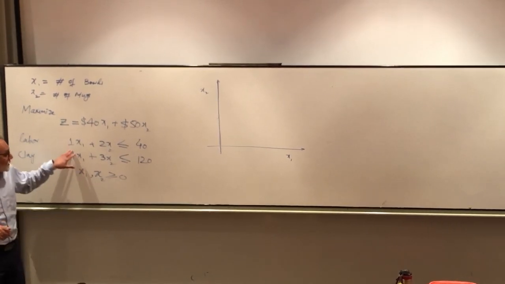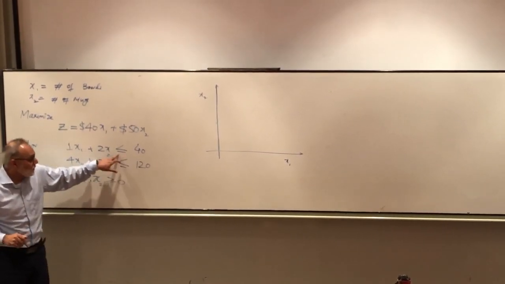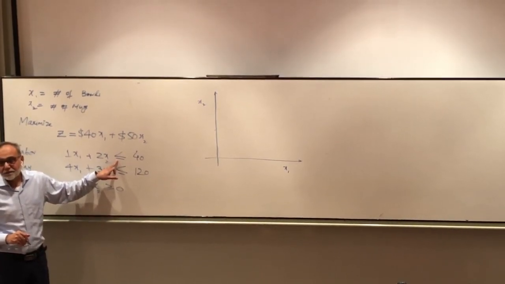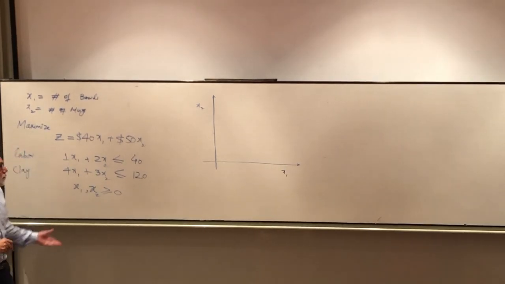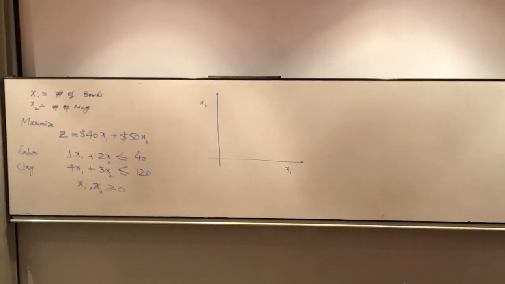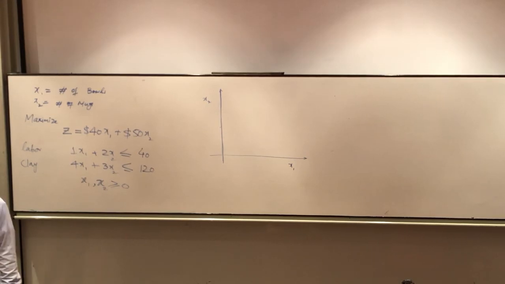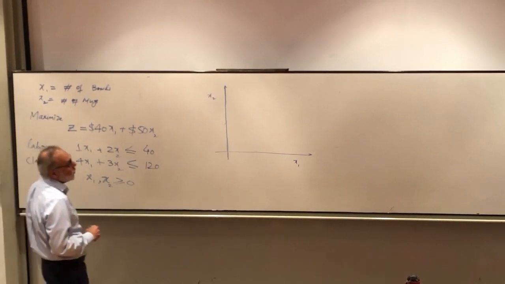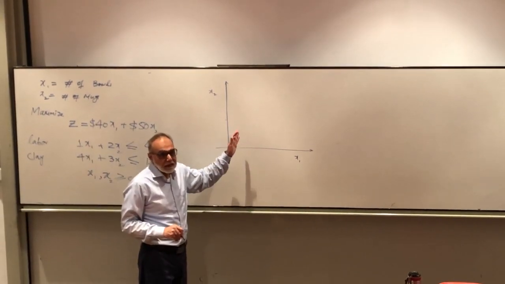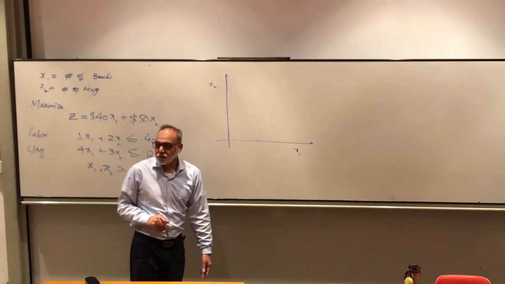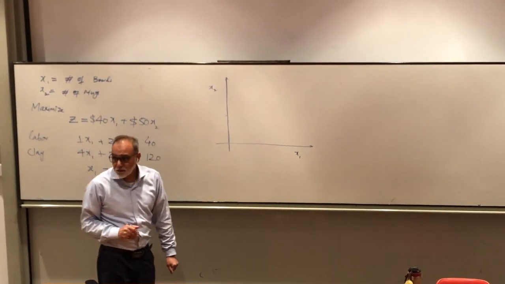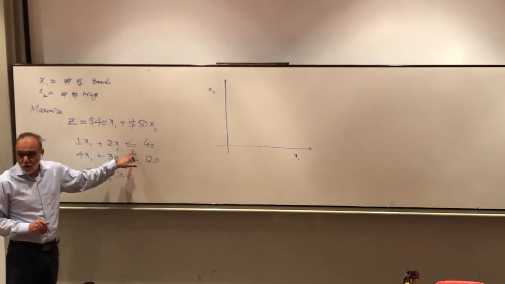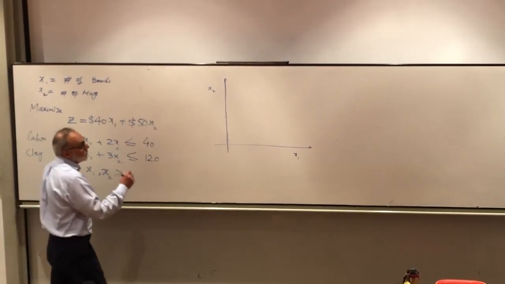Now to plot this, if you make it an equality, it becomes a straight line equation, and we can easily draw a straight line. We need only 2 points to make a straight line, and it's easy to find 2 points on the coordinates. We just join them together, and that becomes the straight line. So this will be x1 plus 2x2 equal to 40.